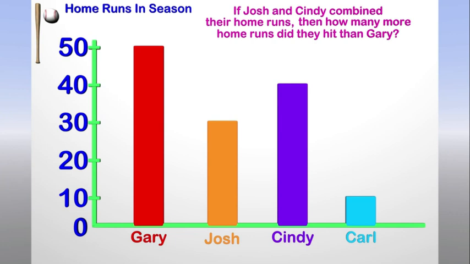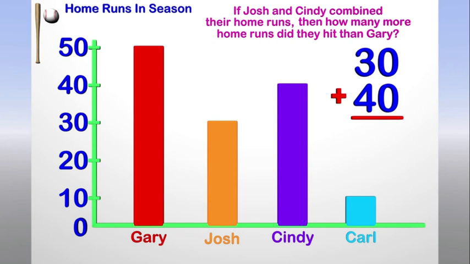To solve this problem, the first step is to combine Josh and Cindy's home runs. Josh had 30 home runs, and Cindy had 40. What is 30 plus 40? 70 home runs combined. Great job. That was the first part of the question. Now we need to know how many more home runs they hit than Gary.